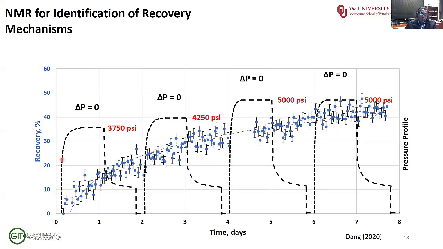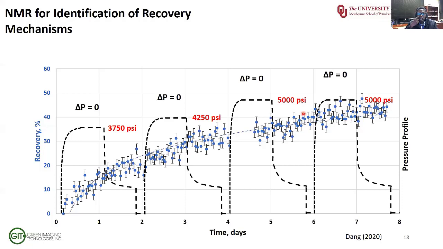So these dotted lines represent the pressure profile that was applied during these measurements. We applied a gas pressure of 3750 psi during our first cycle, then 4250 psi, followed by 5000 psi and 5000 psi again. And what do we see?